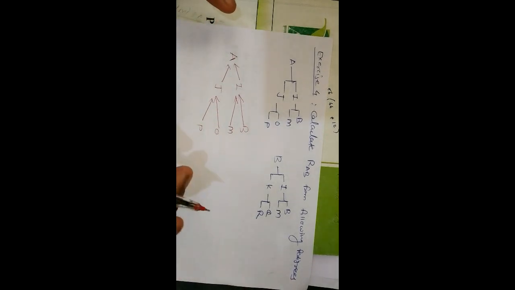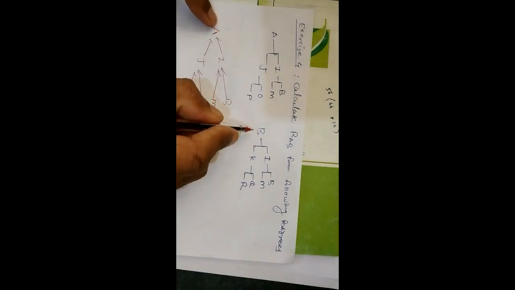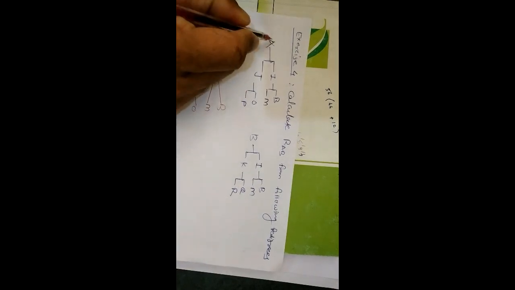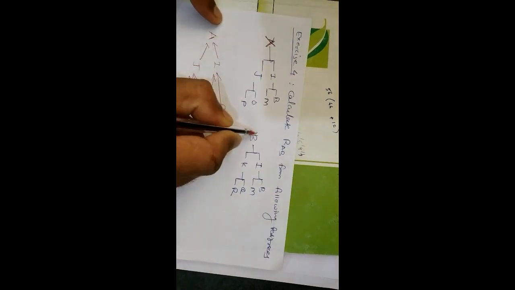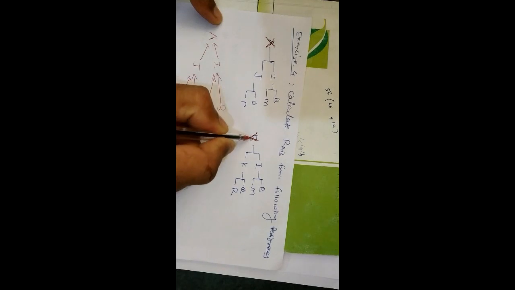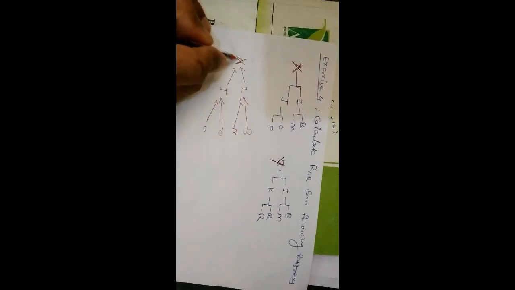Okay, so there is some mistake in the pedigree. Suppose this is X, this is Y, and here it is RXY.